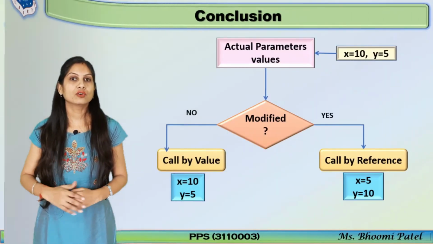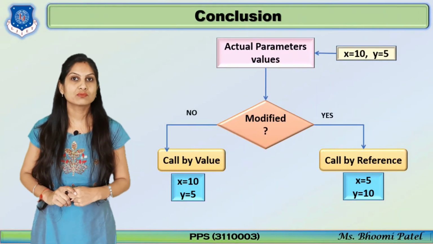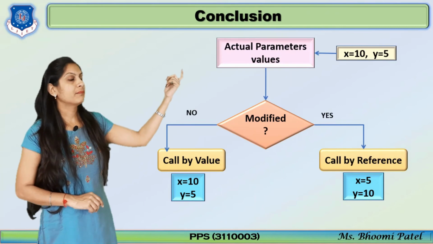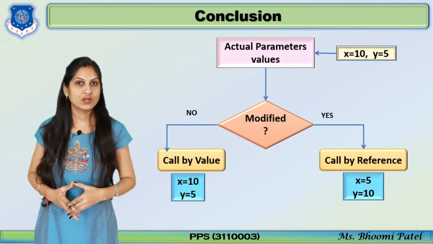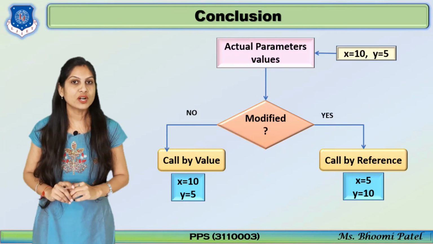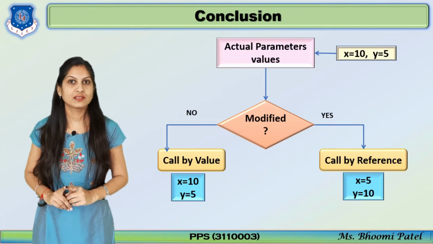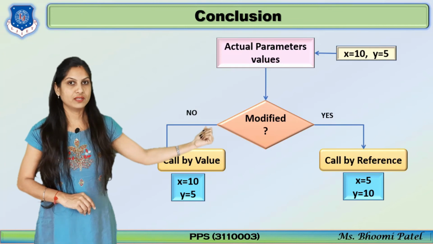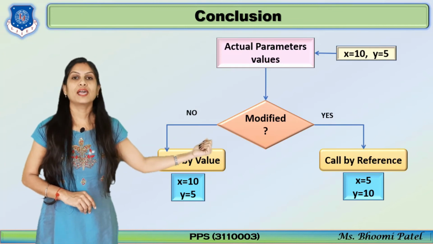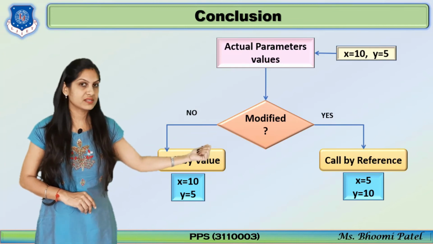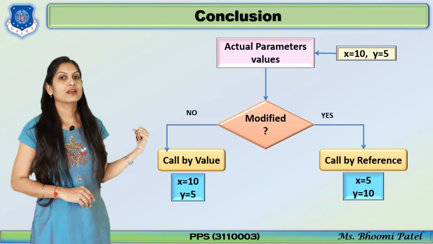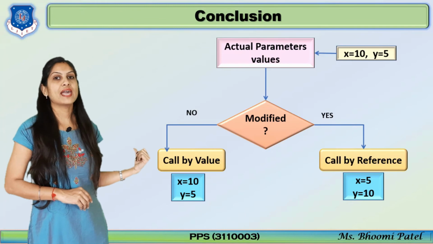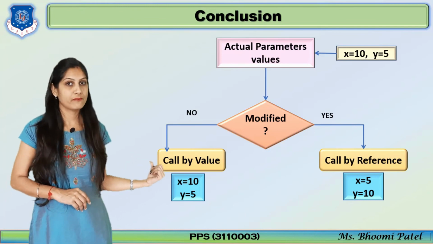And the final conclusion from these two methods is what? When you are passing the parameters, actual parameters x equals 10 and y equals 5, then they are modified in which case? In call by reference. It becomes x equals 5, y equals 10, and it is not reflected in call by value, so it stays x equals 10 and y equals 5.